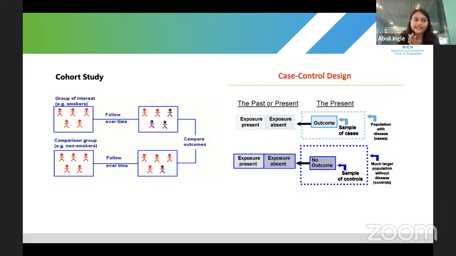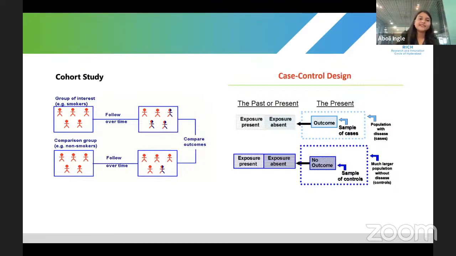For example, let's say there's a group of smokers, and in comparison there's also a group of non-smokers. These two groups will be examined over a period of time. And then we'll try to understand, now that they had some exposure, how many individuals from the smoker group have developed lung cancer, and from the group of non-smokers, how many have developed lung cancer.